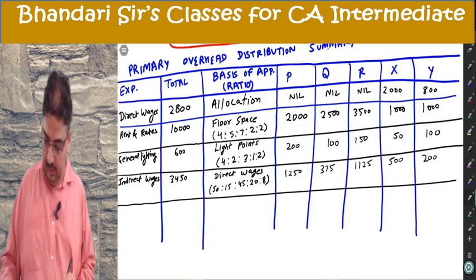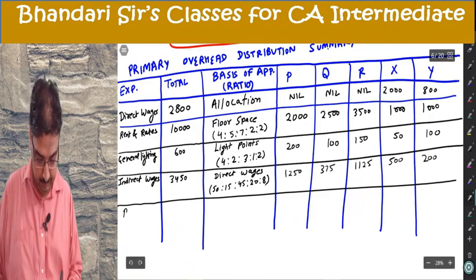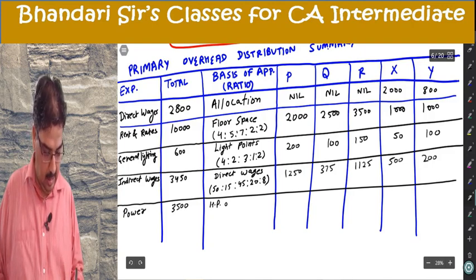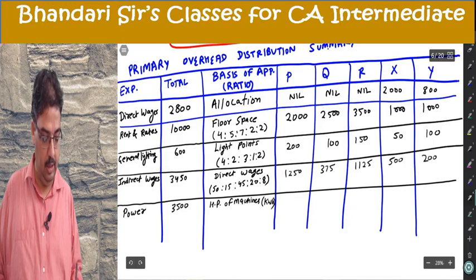What do I reach next? Power. Power is 3500. HP of machines, in bracket kWh.